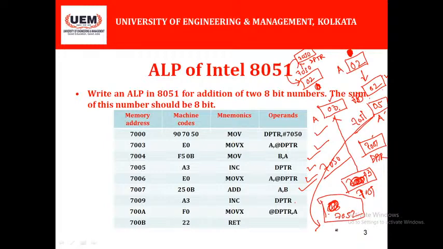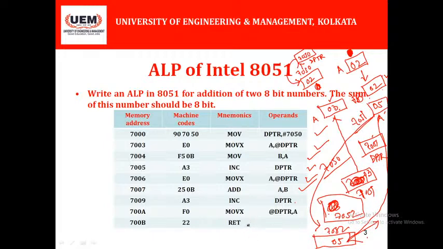Okay. Now MOVX @DPTR, A. So we are transmitting the value of the A register, which is 05, to 7052.